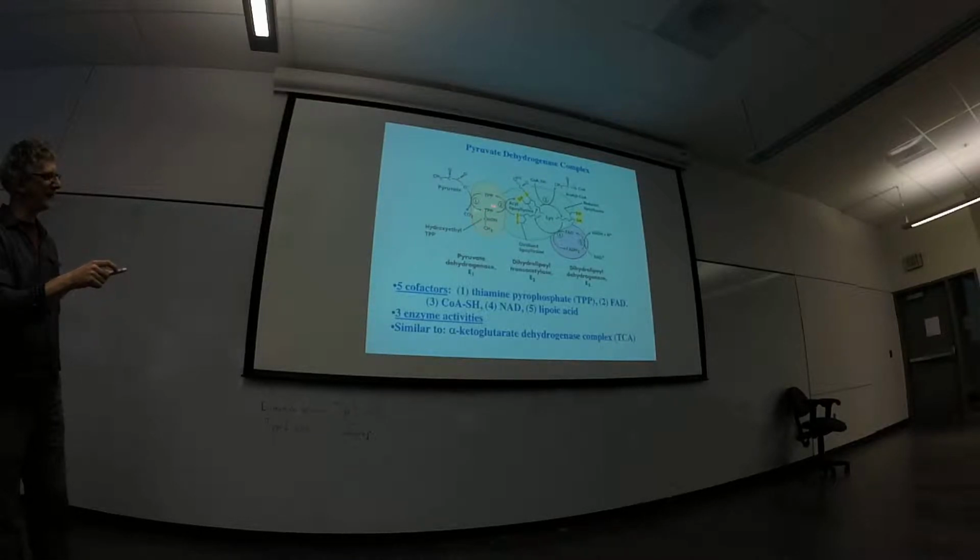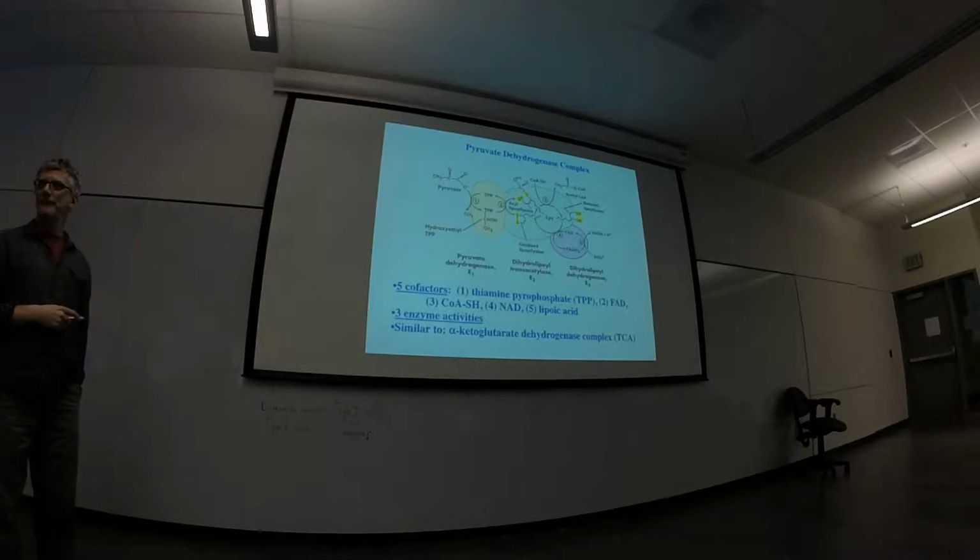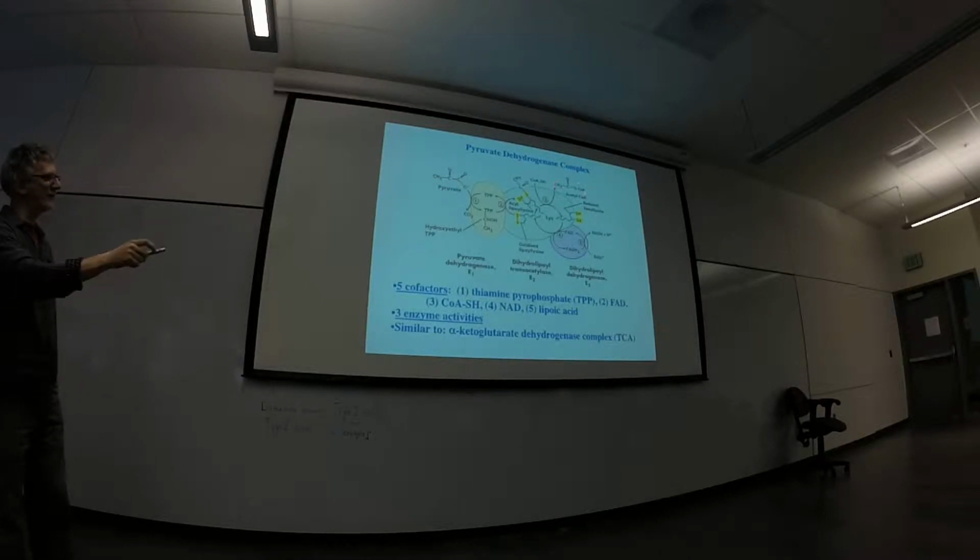Thiamine pyrophosphate is a 2-carbon carrier, and then this 2-carbon unit gets moved onto the lipoic acid as the lipoic acid is flopped onto E1. Then the lipoic acid moves onto E2, and there's a transacetylase reaction, so that the 2-carbon unit is transferred from lipoic acid onto CoA. When it's transferred onto CoA, it makes this high-energy thioester.